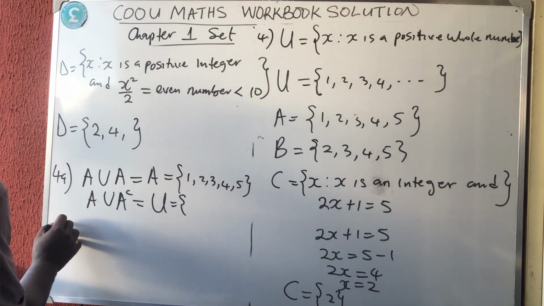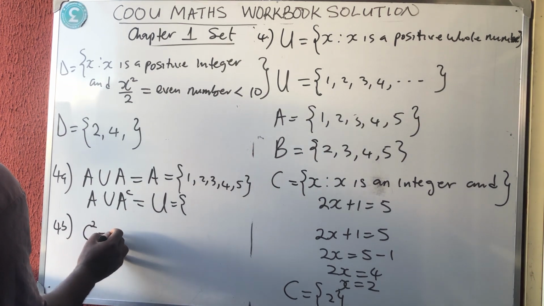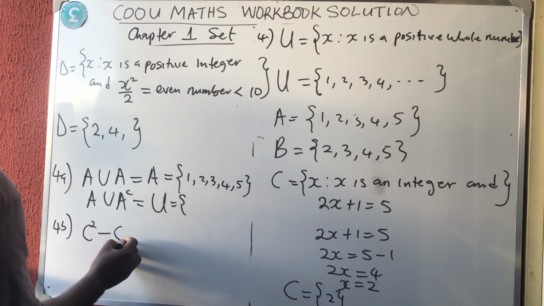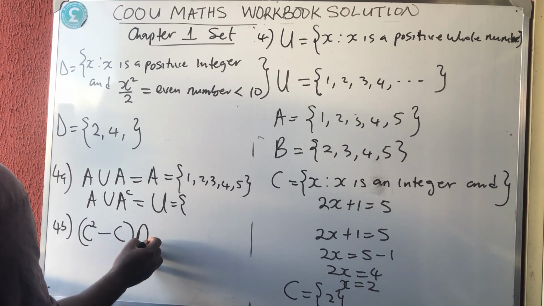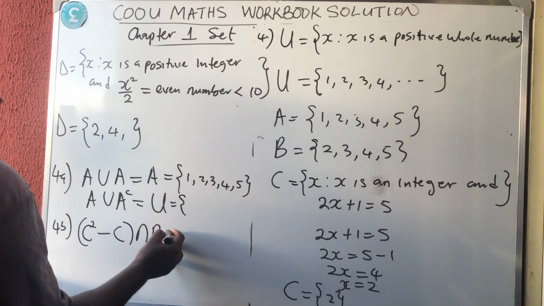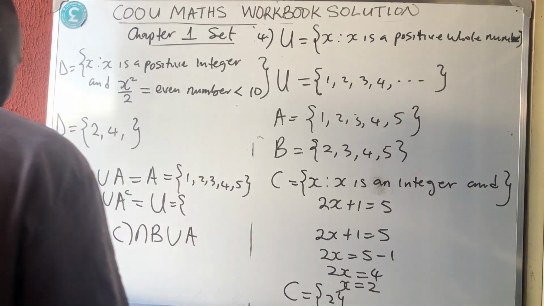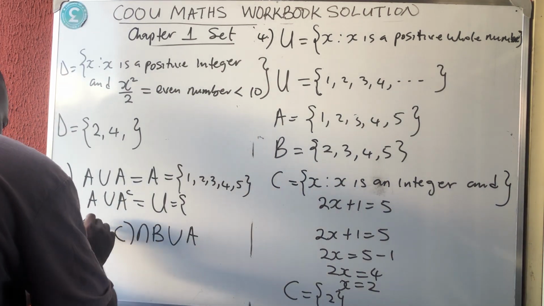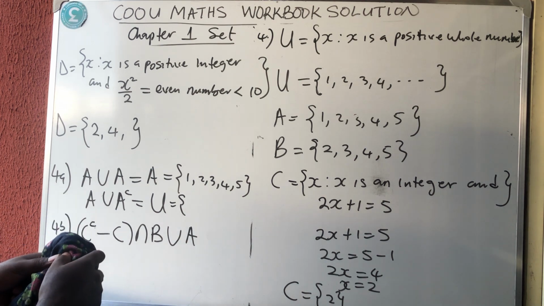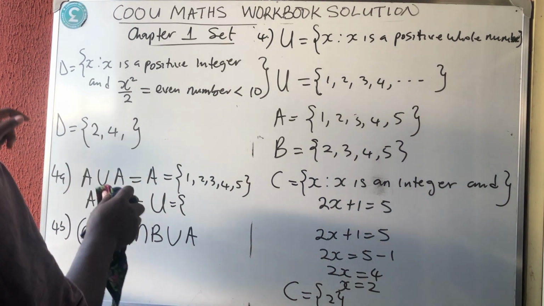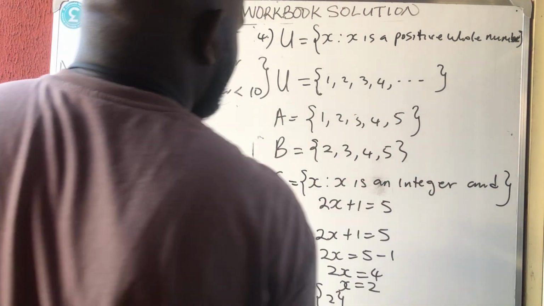So 4b said C complement minus C, then intersection B, then union A. Permit me to clean here, because I want to be using this space. Let me just write out those elements.